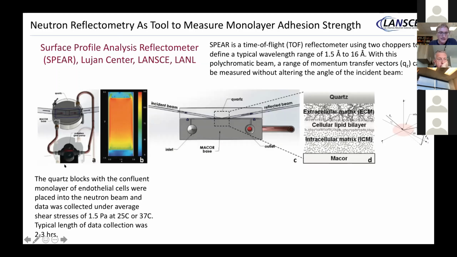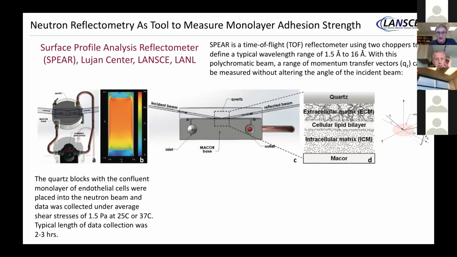Jarek had a very nice setup there. So we were able to grow the cells on quartz. We were able to do everything very locally at Lujan and not have to transport the confluent monolayer of cells more than, it was literally like 100 yards away.